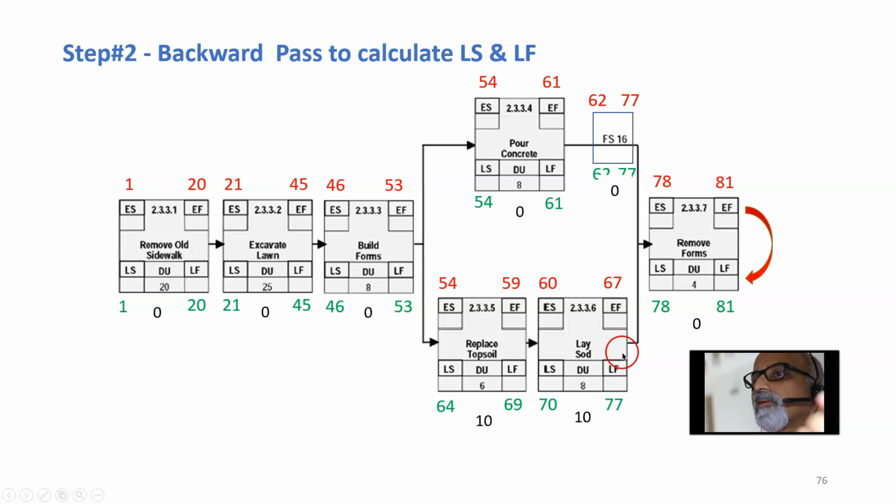So how much is the float for the entire path? It is 10 days. Put together, all these activities can be delayed by 10 days. That is the total float for this path. And what is the free float? That is the amount of time an activity can be delayed without affecting the early start of the successor activity.